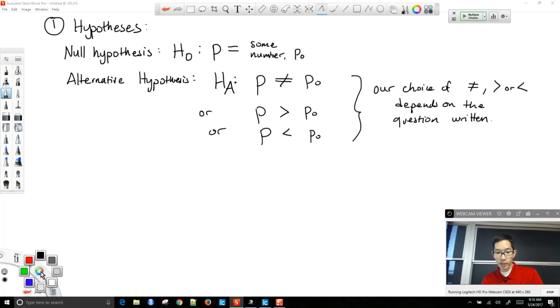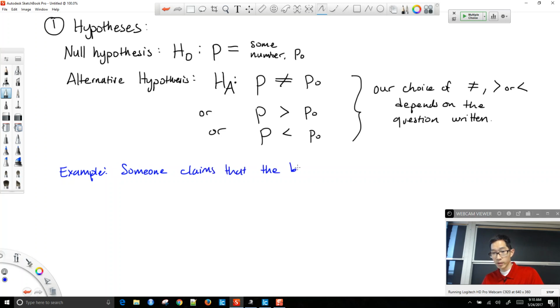So, for example, let's say someone claims that the bucket of M&Ms is 17% green.